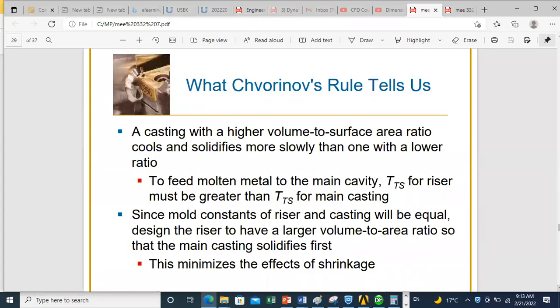Now, what is the information that Chvorinov's rule will tell us? First, a casting with a higher volume to surface area ratio cools and solidifies more slowly than one with a lower ratio, because we said that it is V over A to the power N times the mold constant.